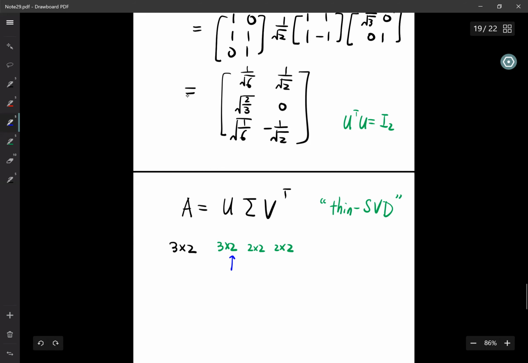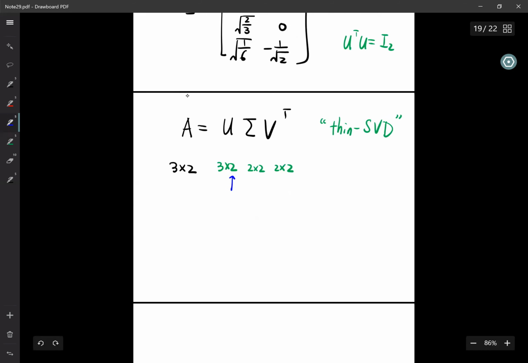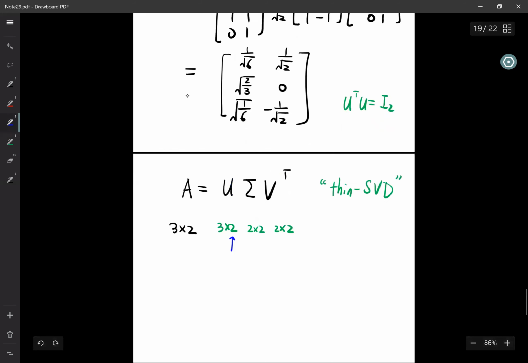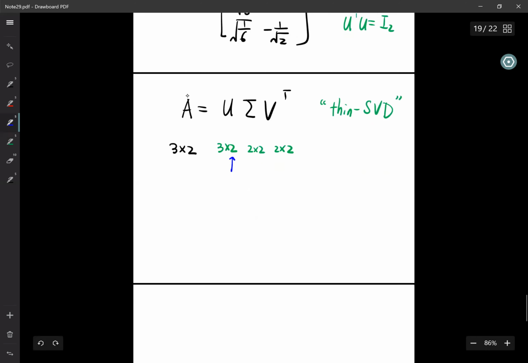The thin part refers to here. So you see, there is a little bit of asymmetry between U and V. V is a bona fide orthogonal matrix. It's 2 by 2. U seems to be somewhat handicapped. It has 2 orthogonal columns, but U is not an orthogonal matrix.